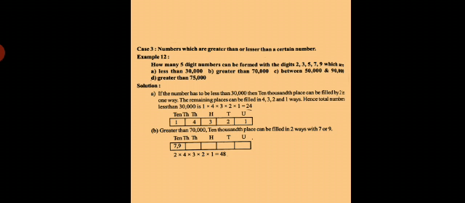Hence, for the total numbers less than 30,000, we have to write 1. Why? Because among 2, 3, 5, 7, 9, only 2 is suitable. After writing it in the 10,000s place, we will get a number less than 30,000. So only one digit we have, that is 2. The remaining options can be different.